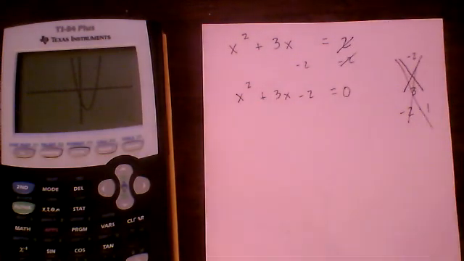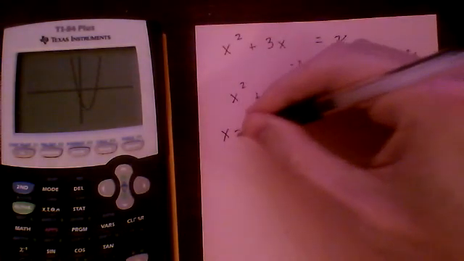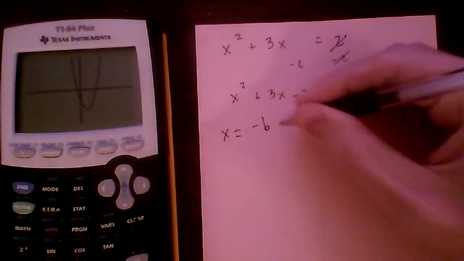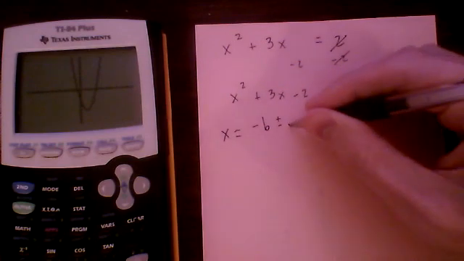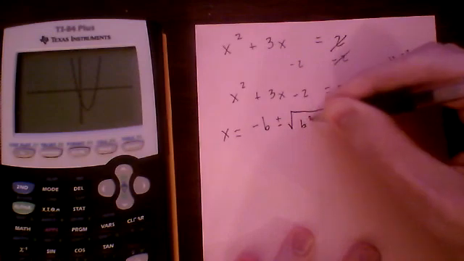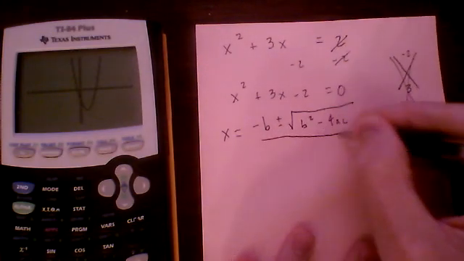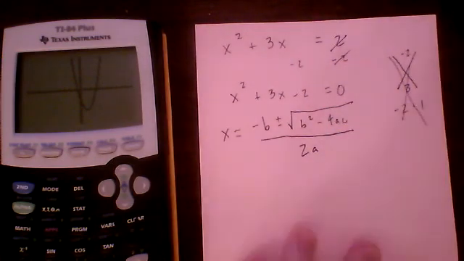Okay, so in that situation, if we're going to solve this by hand, really the option that we're going to take is to solve this with the quadratic formula. Okay, so the quadratic formula looks like this: negative b plus or minus the big square root of b squared minus 4ac, all over 2a down at the bottom.